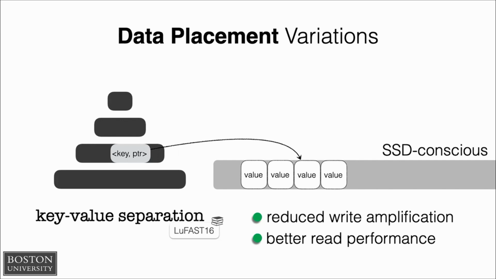Now, there is an argument that this might increase the random read costs. But if we can do it in an SSD-conscious way, striping the values across several chips in the SSD, we might take advantage of the properties of the SSD itself and have better query performance. So we are reducing the write amplification in the actual tree, but at the same time, using the benefits that SSDs offer, we are gaining in terms of query performance. So overall a win-win.